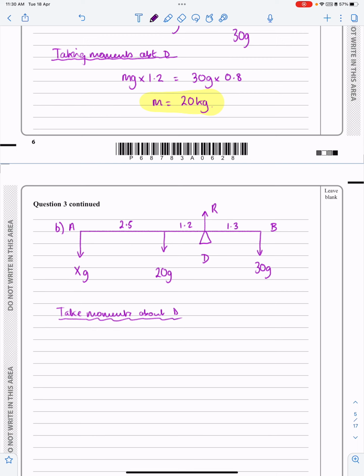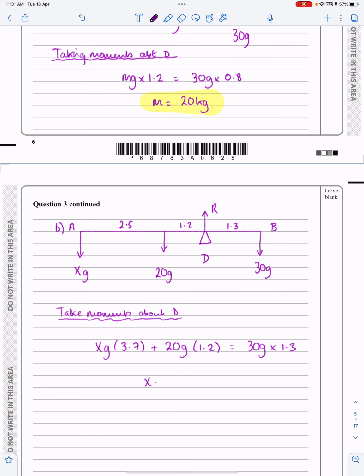And when I'm doing that, let's just be careful with what I've got. So it's XG times 3.7 plus 20G times 1.2 is equal to 30G times 1.3 there. Okay, if we get that, then I'm not going to bother doing all the recalculations and everything.